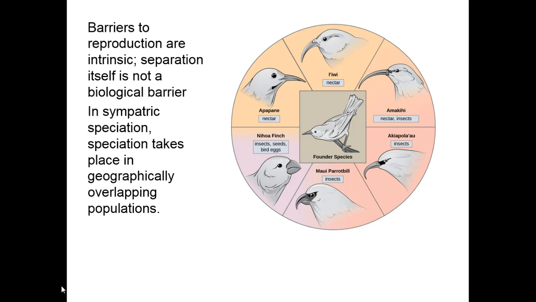The speciation takes place geographically in overlapping populations, but this can be because, in a timeline, different populations took advantage of certain food sources, took advantage of areas where there was less predation, took advantage of areas where the nesting was better, etc. So something was advantageous in that area, and they continued to adapt to make sure that they were the most adaptable species for that area.